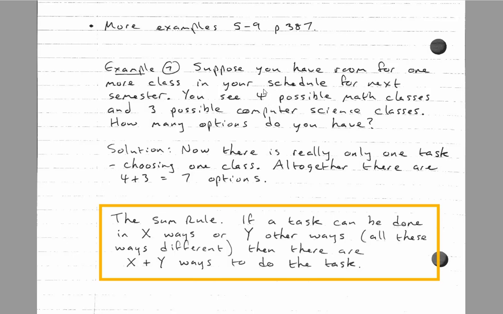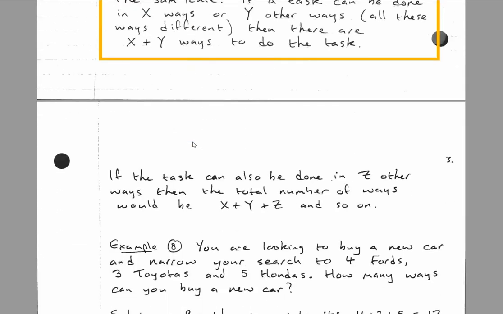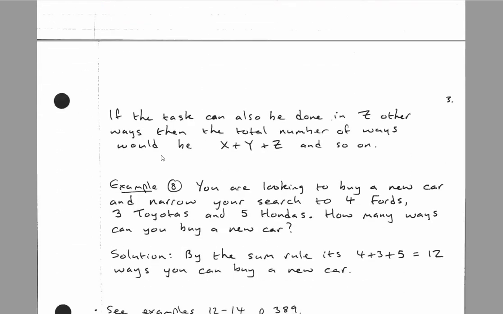But here, it's just making one choice, and it's 3 plus 4. And that generalizes to X plus Y plus Z if there are Z other options. Or you might need more letters.